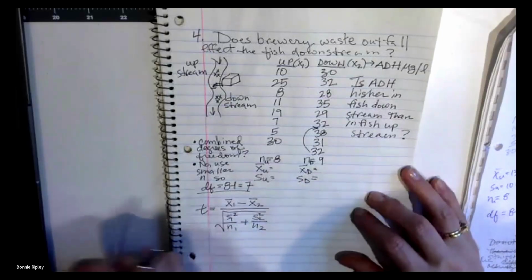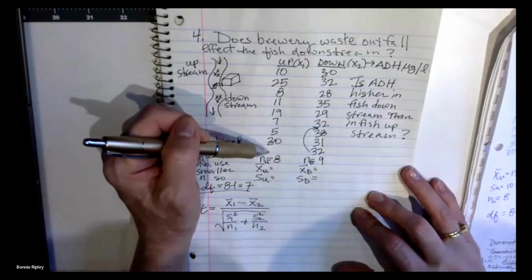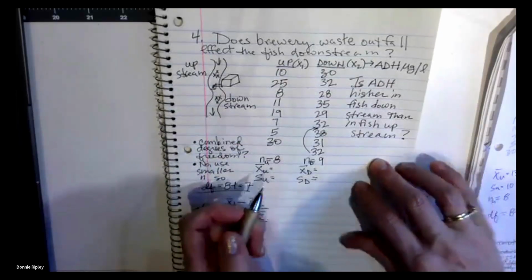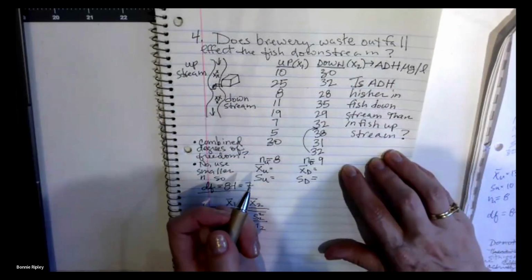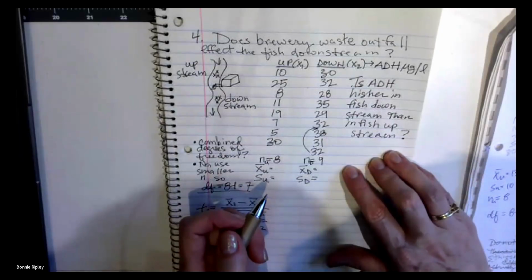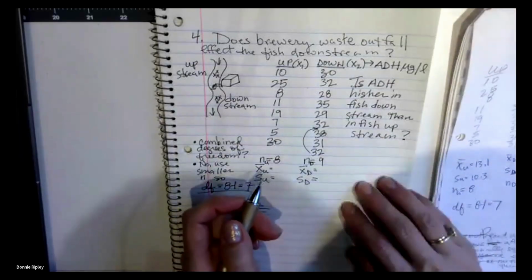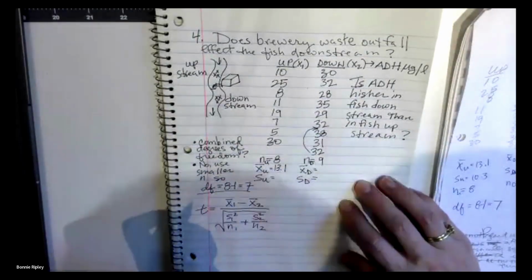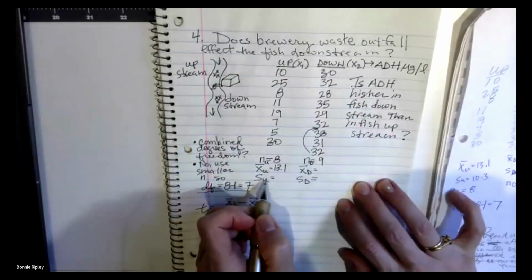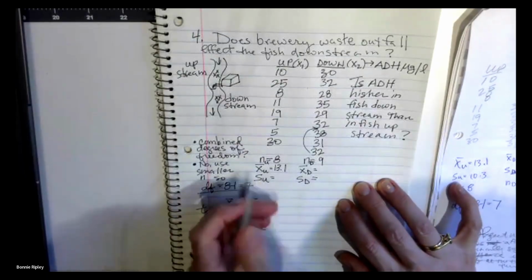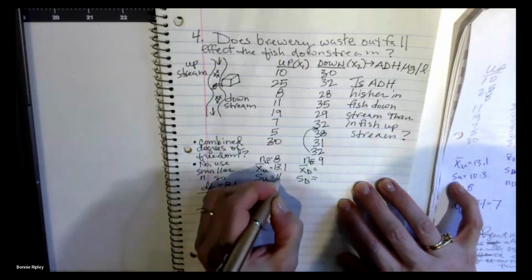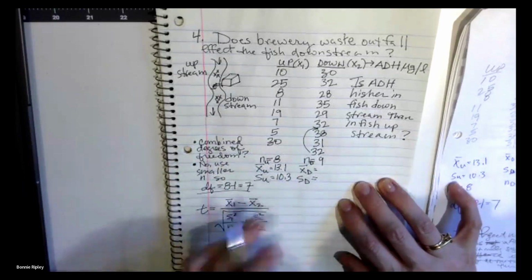We're going to need to calculate the mean of our upstream ADH values, and I've used Excel to calculate that. It comes out to be 13.1. And the standard deviation of our upstream values is 10.3.